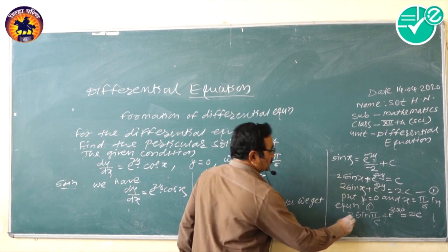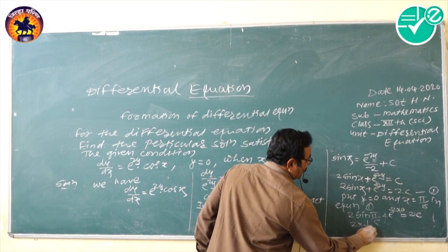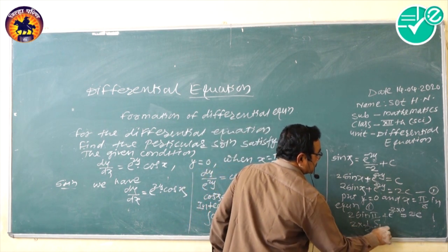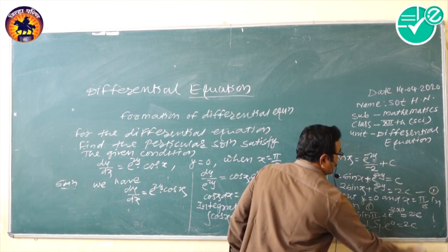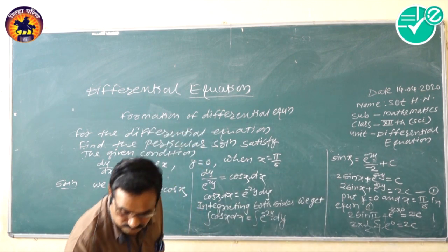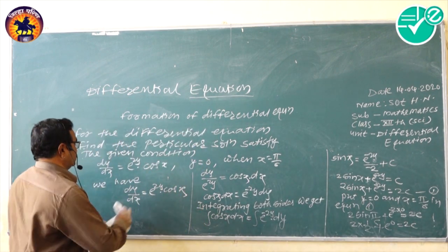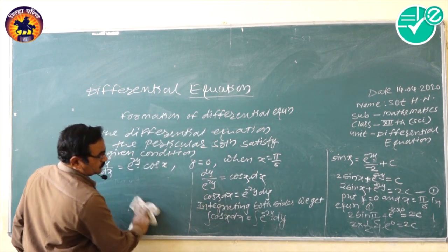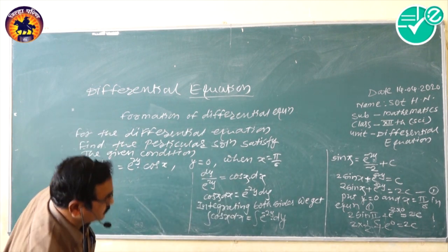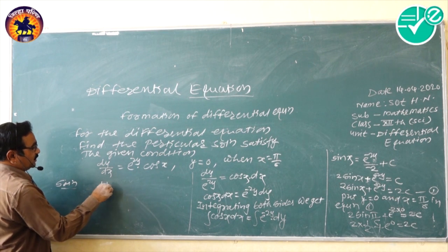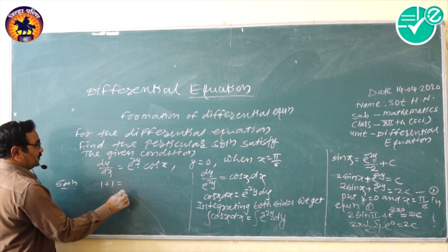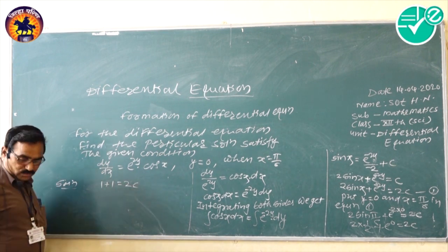This is equal to 2 into 1 by 2 plus e raised to 0 equal to 2c. One plus 1 equal to 2c.